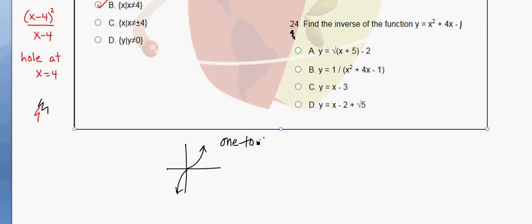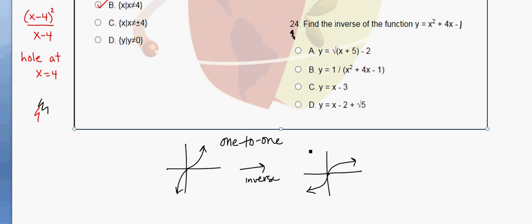Now, if I take this one-to-one function and I find its inverse, which is graphically or visually going to be a reflection over the line y equals x, I'm going to get something that is still a function, right? This still passes the vertical line test. So when we ask if a function is invertible or not, that's usually what we refer to.